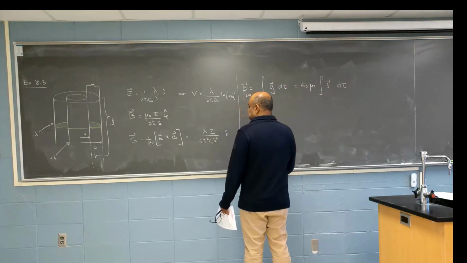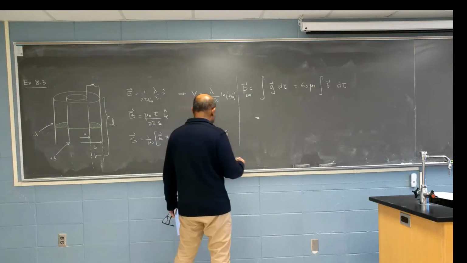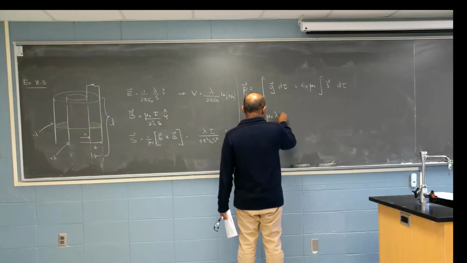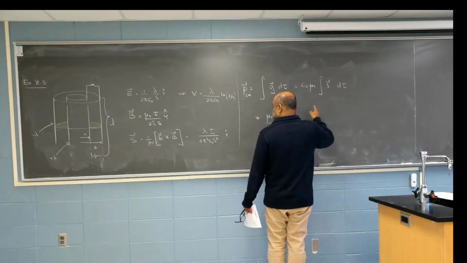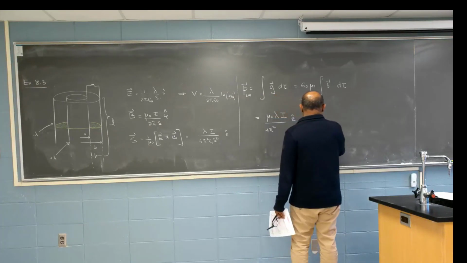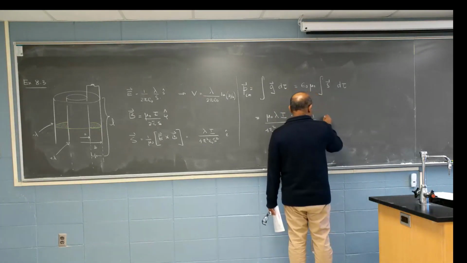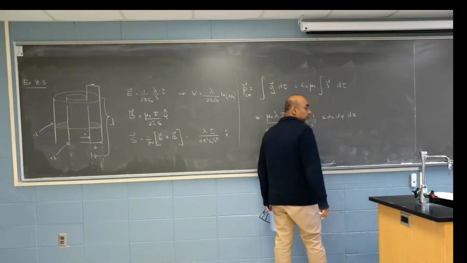And so I take this and multiply by epsilon naught mu naught, and the epsilon goes away and mu naught sticks around. So I would get mu naught lambda I over 4 pi squared. S is pointing in the z hat direction. 1 over s squared. What is it? S ds d phi dz.